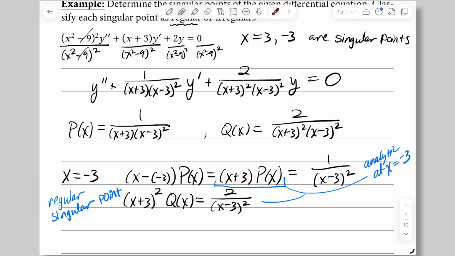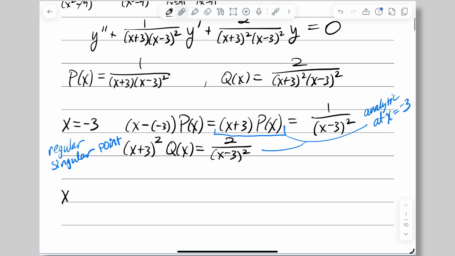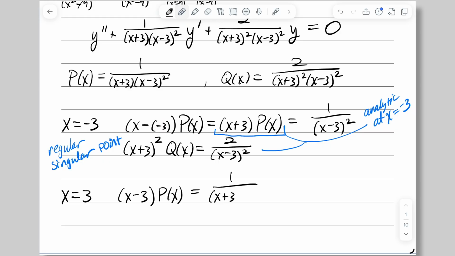We had another singular point, x equals 3. We're going to do the analogous things with x equals 3. We're going to take x minus 3 and multiply it by p of x. Notice one factor of x minus 3 is going to divide out, and we're left with 1 over (x plus 3)(x minus 3).